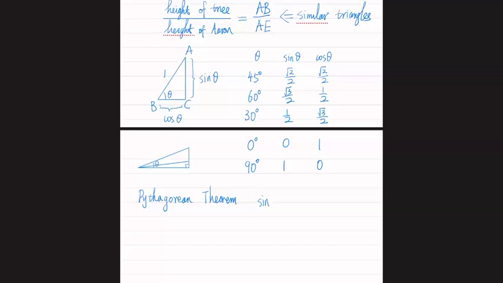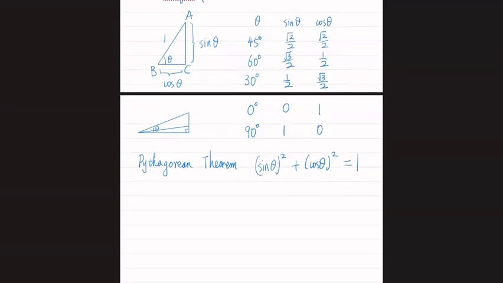So instead of writing sine theta squared with parentheses, we will use a short notation because we don't want to write parentheses every time.